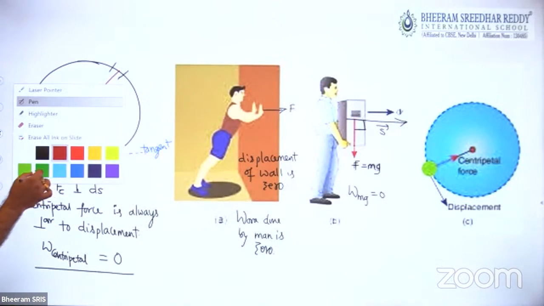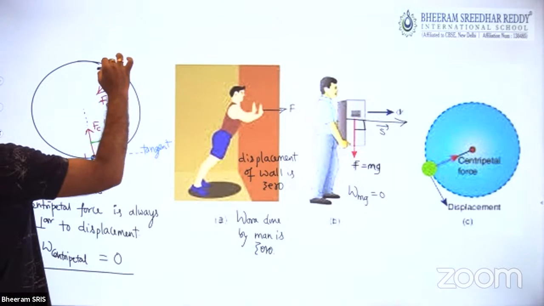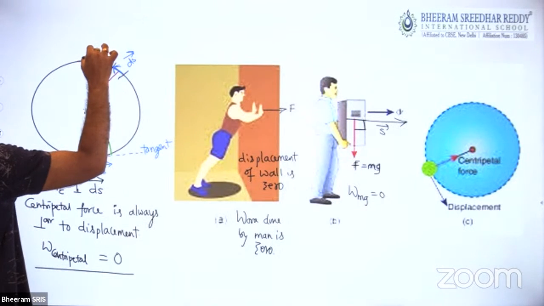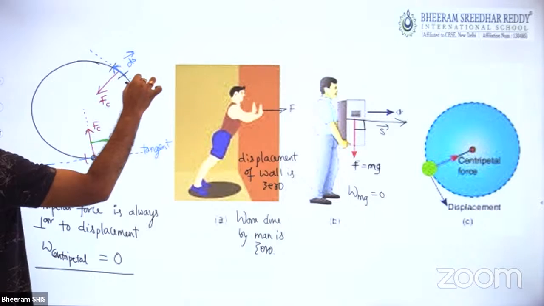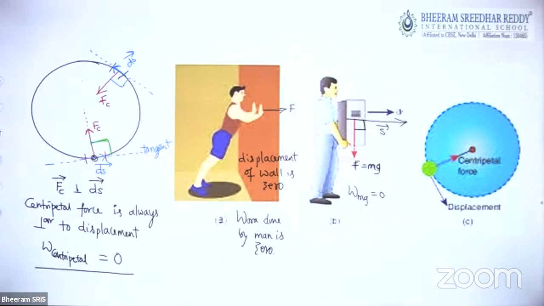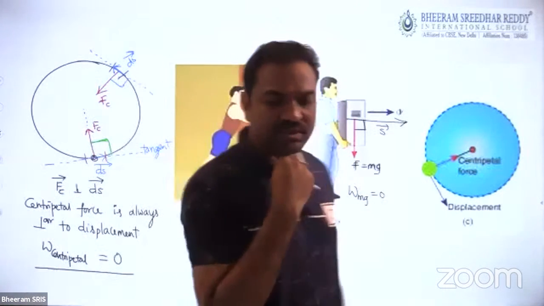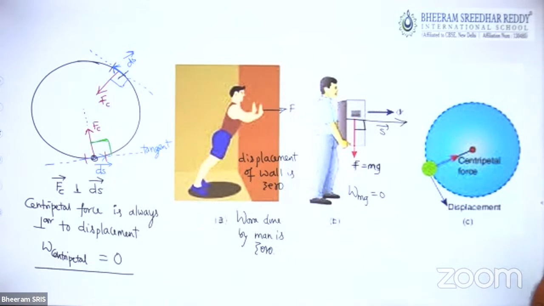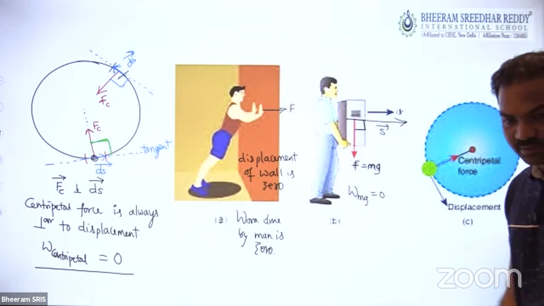But what is the advantage we are having? The displacement vector is the ds vector, and it is along the tangent always. So the angle between the displacement and centripetal force is 90. Like that, at every instant the centripetal force is perpendicular to displacement. That's why work done by centripetal force is always 0.